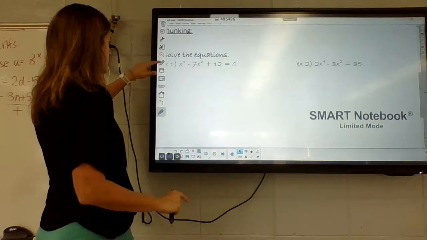When you go to try to take the square root of negative 7 halves, what happens? What's the issue there? Square root of a negative, what happens? It should give you an error message. You can't take a square root of a negative without getting an imaginary answer.